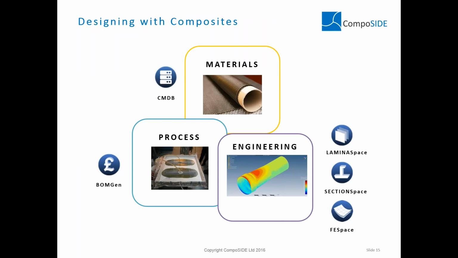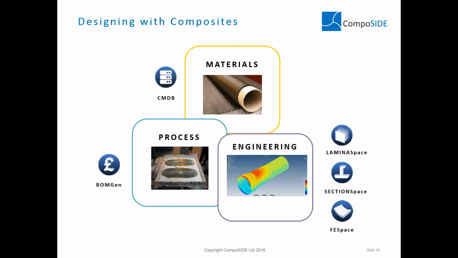Okay, so as I mentioned earlier, composites are a combination of materials, process, and engineering. From this, composites require a high degree of integration compared to conventional materials and construction. Composites are also quite sensitive to data quality and the ability to use the data efficiently.